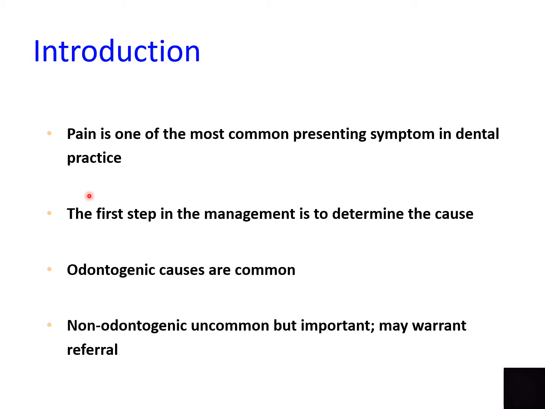So that's not the topic for this session, but you may want to consolidate those elements at this point. So coming back to the topic, the first step in the management of pain is to determine its cause.